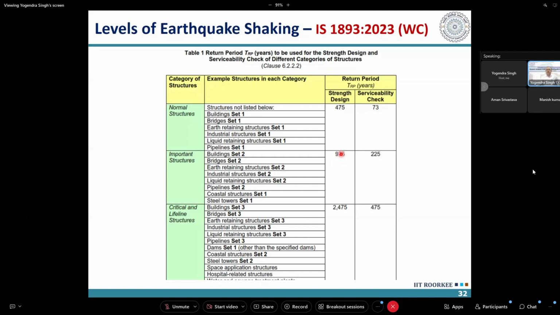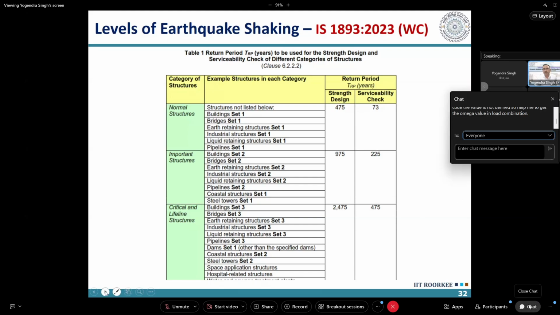Important structures will be designed for 975 years, and normal structures will continue to be designed in the same manner for DBE and checked for SE, a 73 years or 75 years return period earthquake. So this is a proposal in the code under revision.